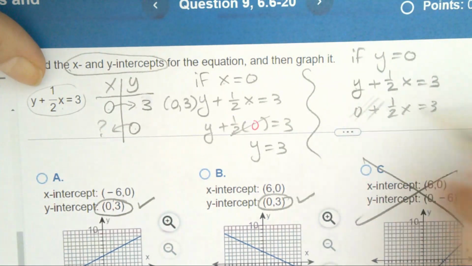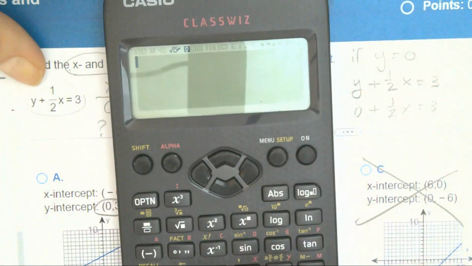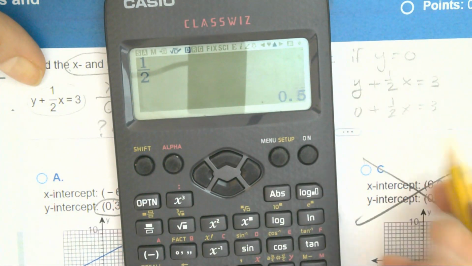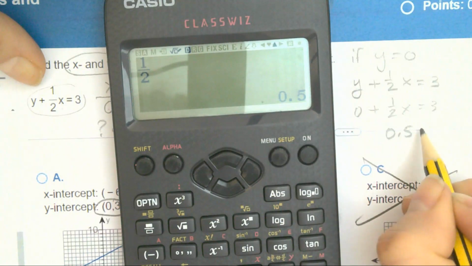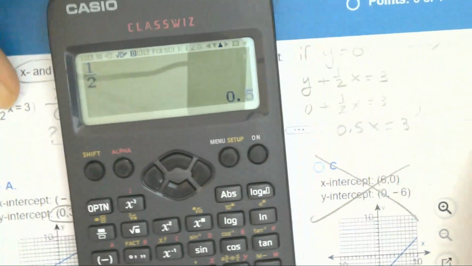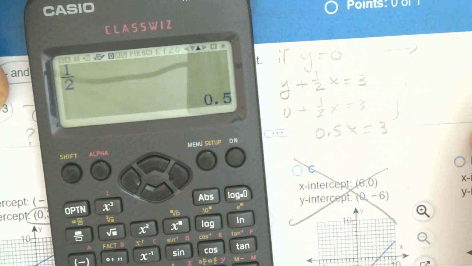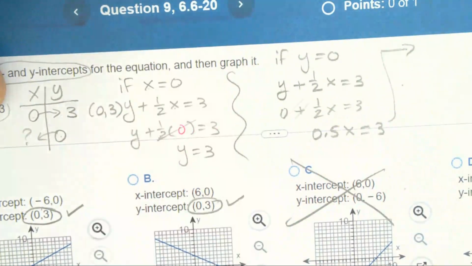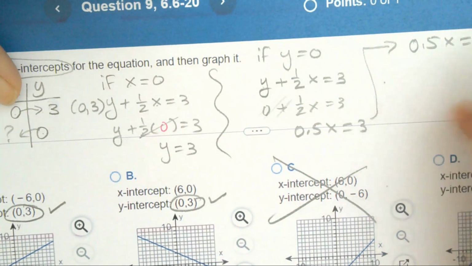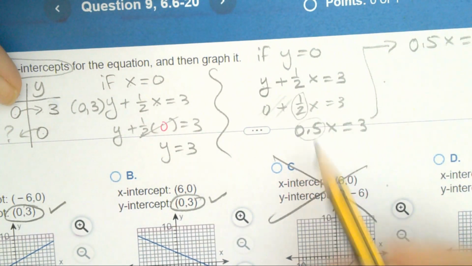Let's change that fraction to a decimal. 1/2 is the same as 0.5, right? So I'm just going to go 0.5x equals 3. Let's rewrite it up here because I don't have a lot of room. Okay. So 0.5x equals 3. I just changed this fraction to a decimal to make it easier.